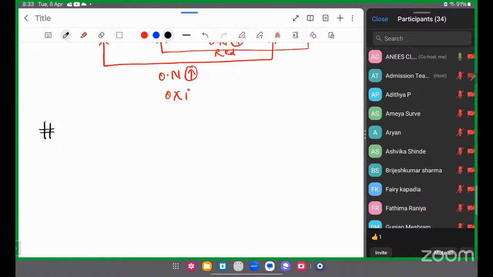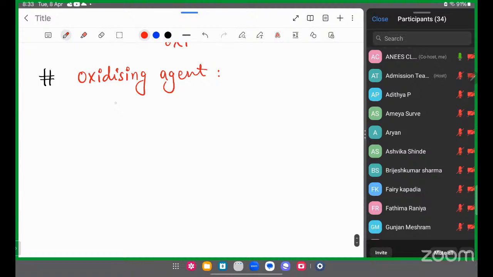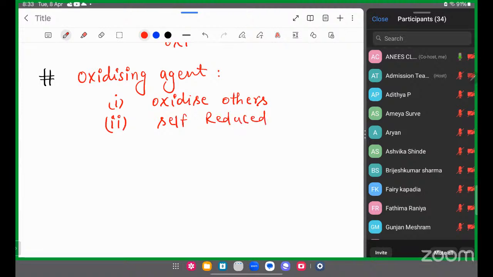Next point is, in redox reaction, you will be asked which one is the oxidizing reagent and which one is the reducing reagent. So remember, oxidizing agent will be a chemical substance which will oxidize others and it will reduce itself, self-reduce, and oxidize other.